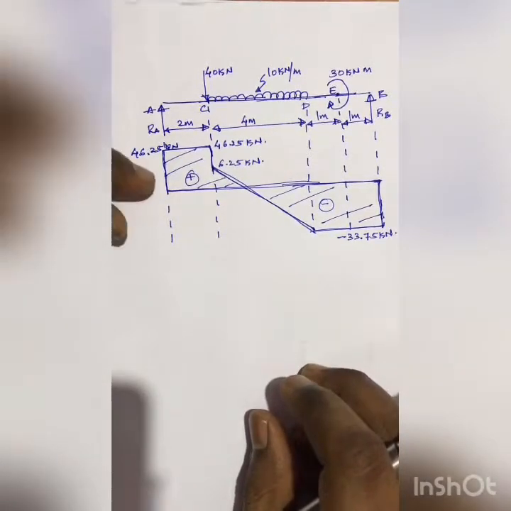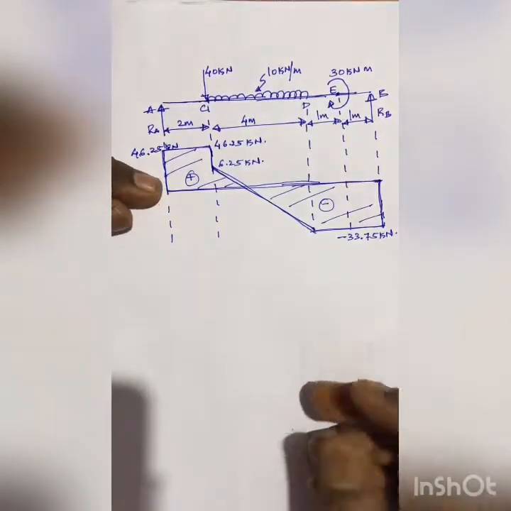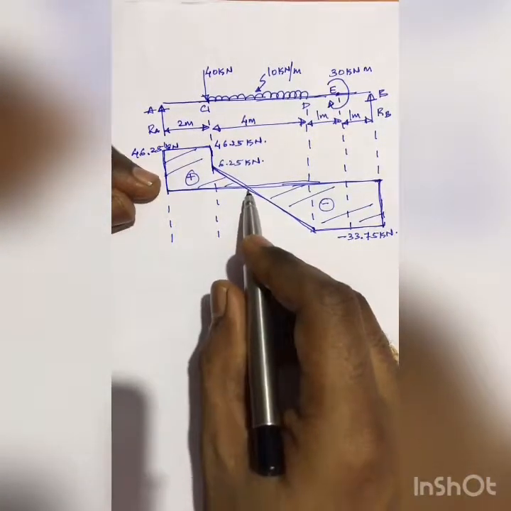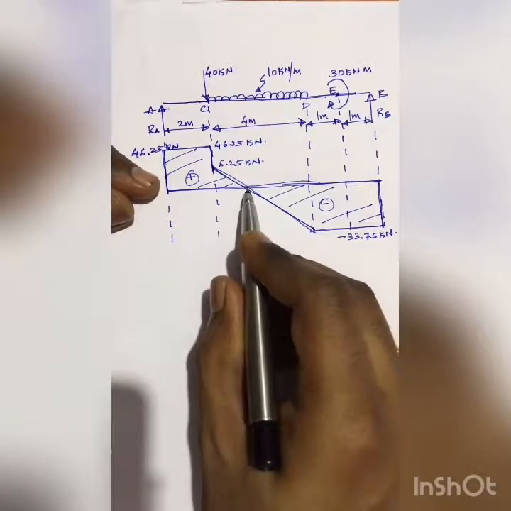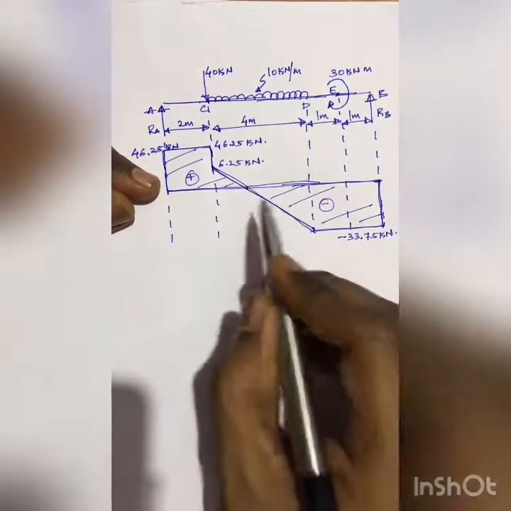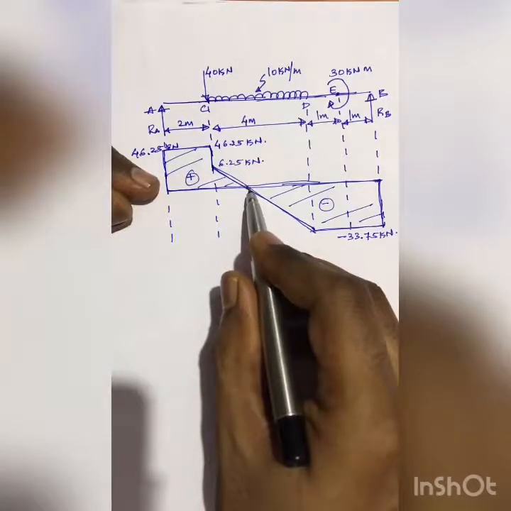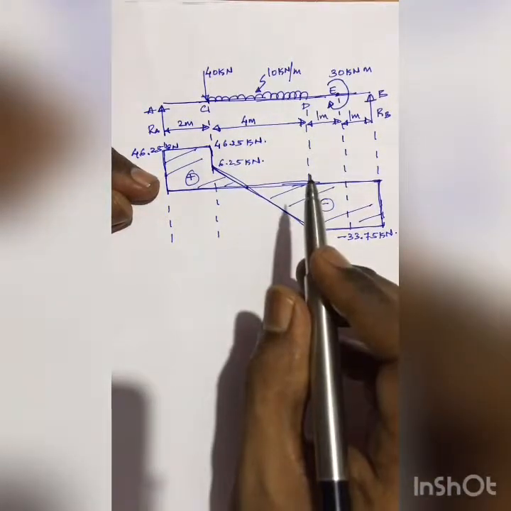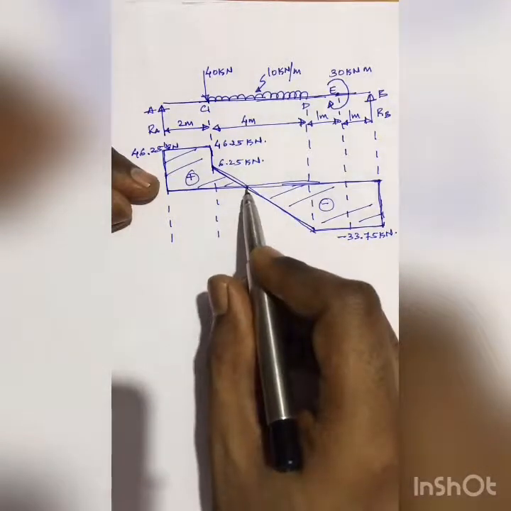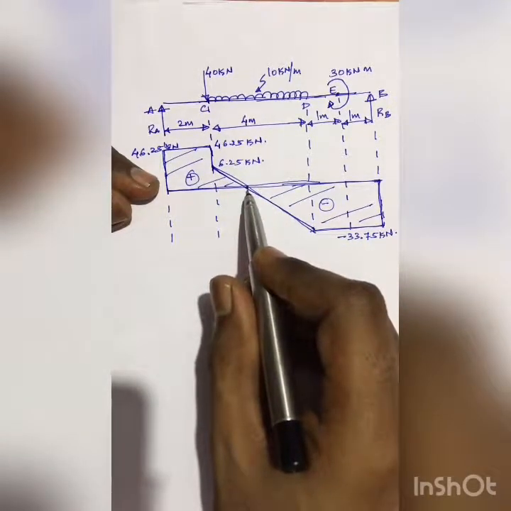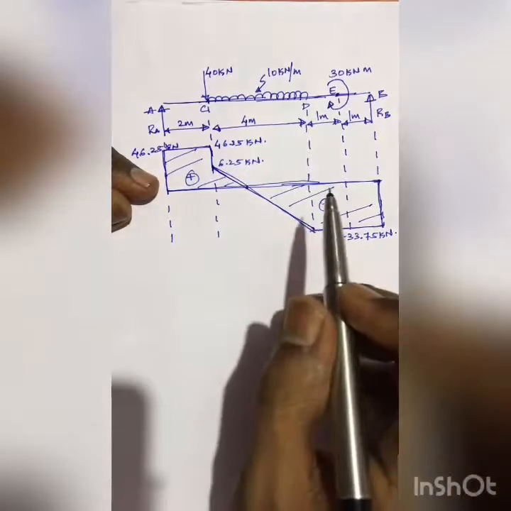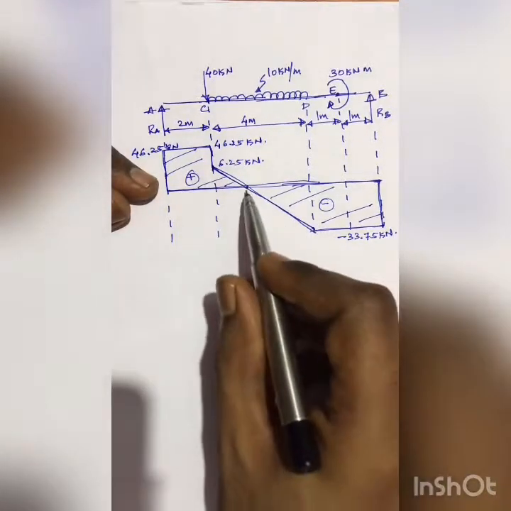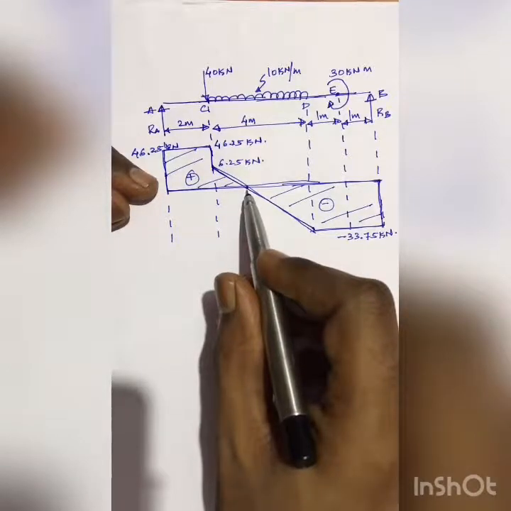Next, I noticed that at one point here the shear force becomes 0, and I want the location of this point, because at this particular point the bending moment will be maximum. If I don't find its location, I will not be able to find the maximum bending moment, which I need later in the bending moment diagram. So first we'll find the location of this point where shear force is 0.